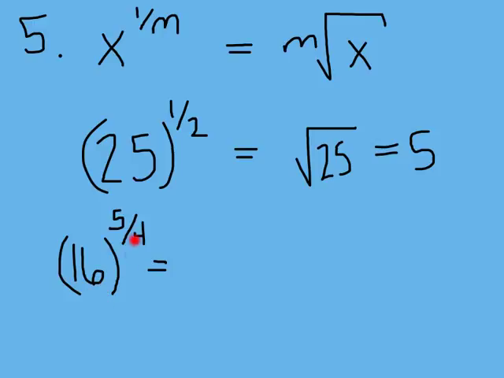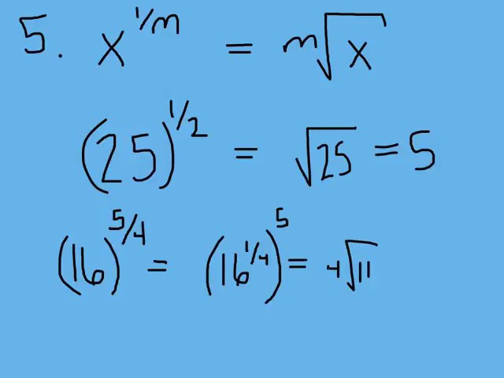So you're going to go 16 to the 1/4 first, the 1/4 root, and then take that to the 5th power. So I'm breaking up my exponent into the whole part and the fraction part. 16 to the 1/4 means the 4th root of 16, to the 5th power. And we always want to break it down first and then build it back up.